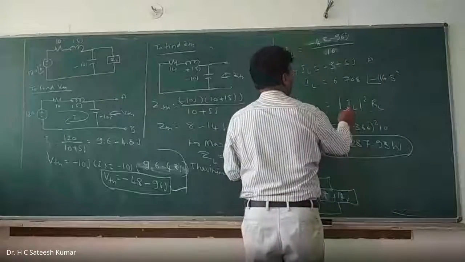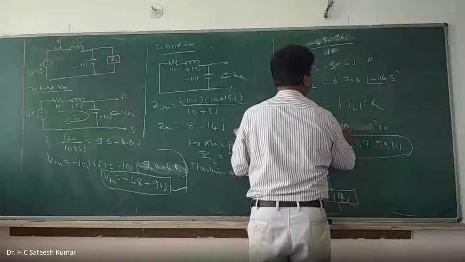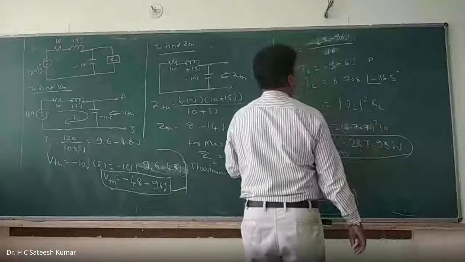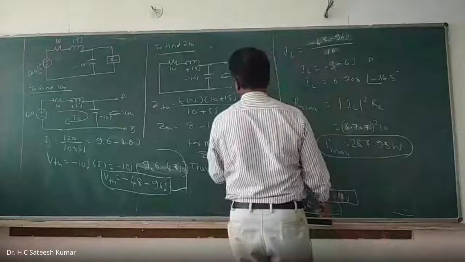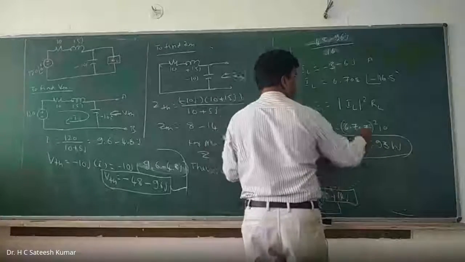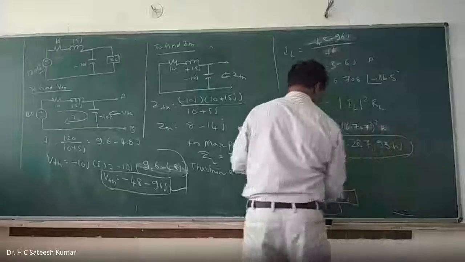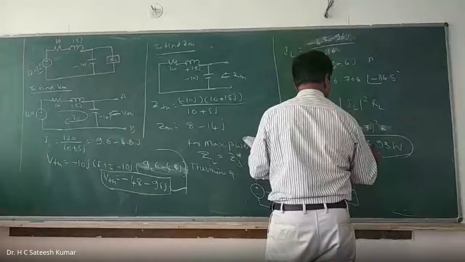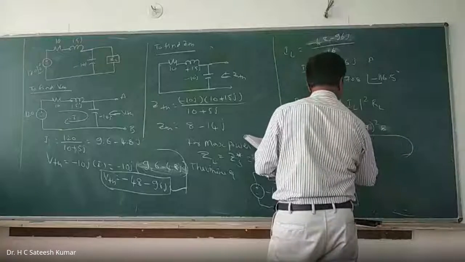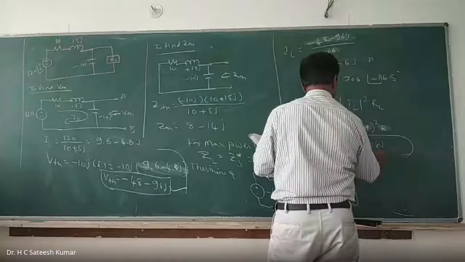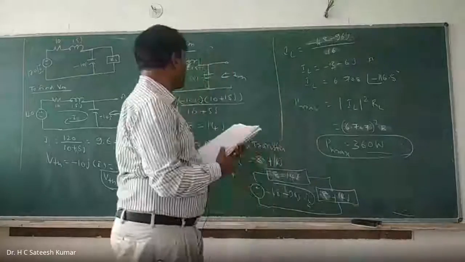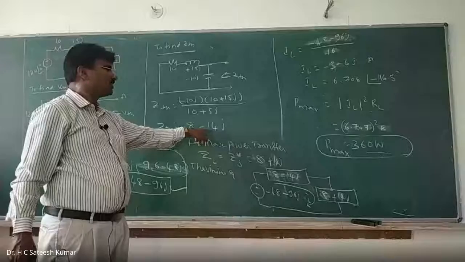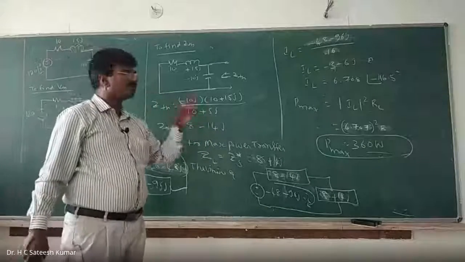Okay, magnitude of IL squared: 6.708 whole square into RL. RL here is 8. That is 359.936 watts. That's how we should do it, even if you make small calculation mistakes like here, where we made the mistake in the division. We should get 8 minus 14J, and the rest is all the same.